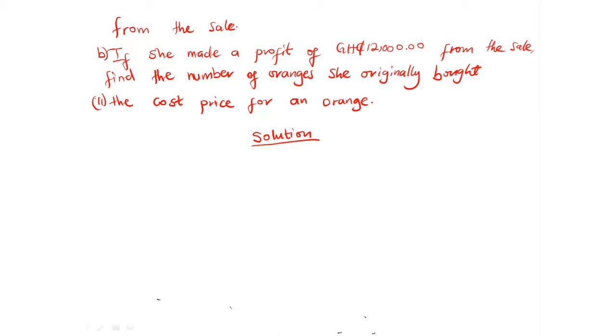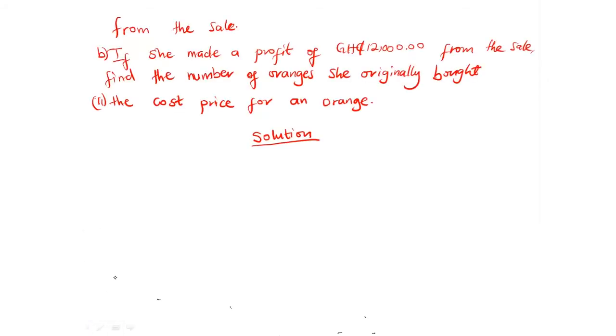So in this case, if she made a profit of 12,000 cedis from the sale, we can write an expression as (M minus 40), which is the number of oranges she sold, times (48,000 cedis over M plus 100).